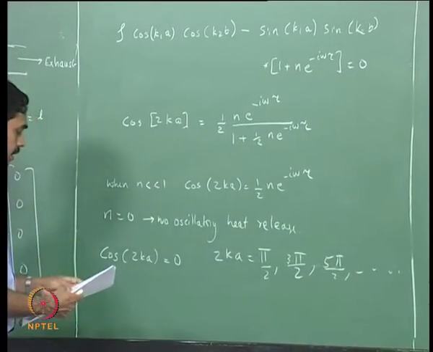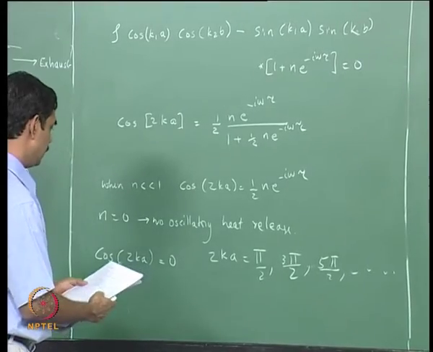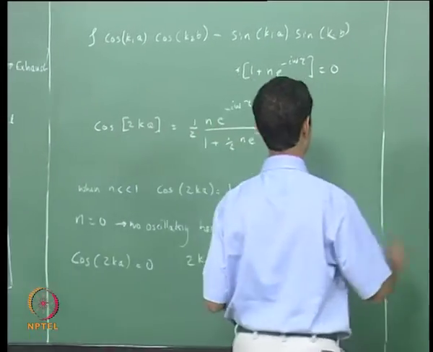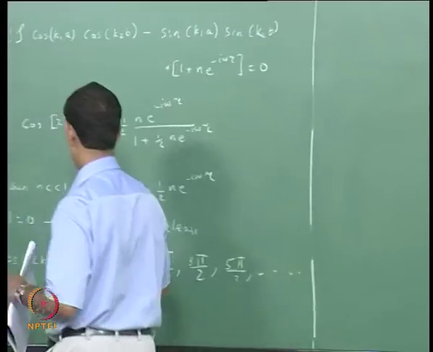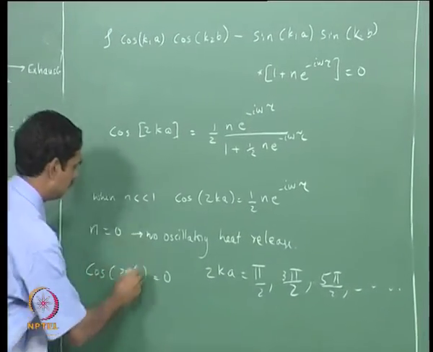We look at the fundamental. Let us call this k naught, because it corresponds to n equal to 0.